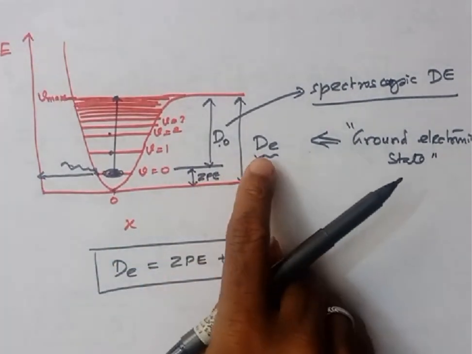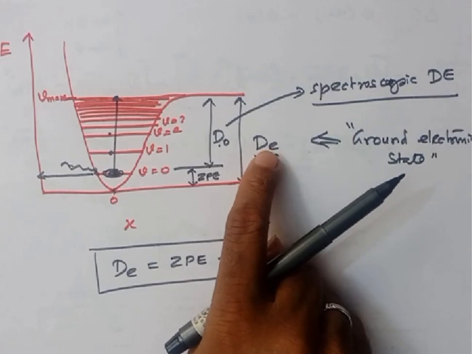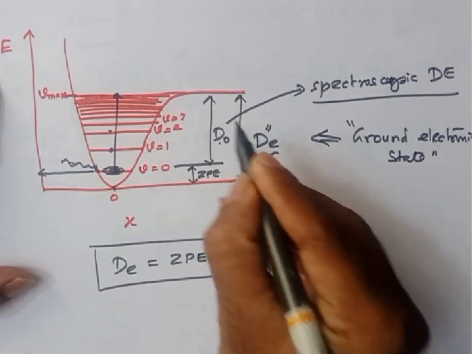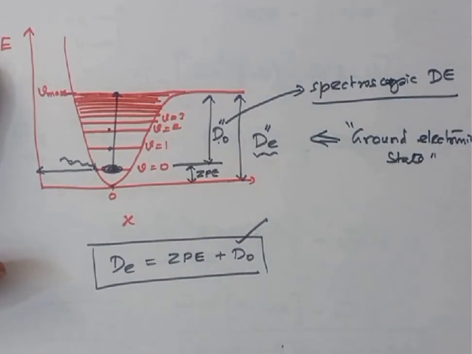So the equilibrium dissociation energy corresponds to the ground electronic state of the molecule. Take down. Usually we put a double prime here. Double prime indicates the ground electronic state. Now, students, observe carefully. I have given the formula for G and delta G, right?